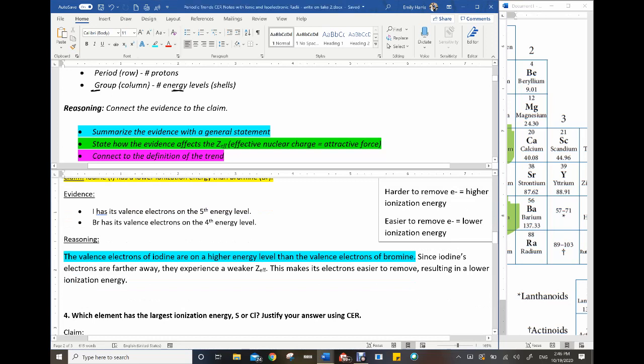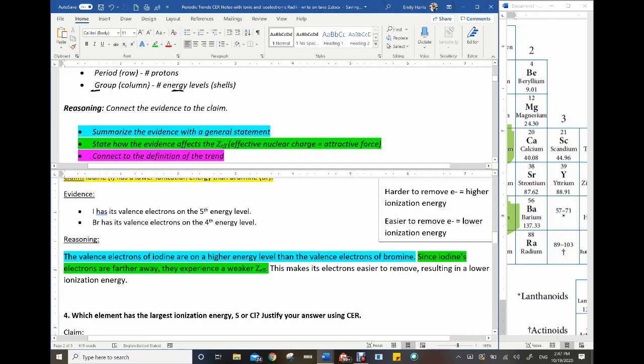Now, we need to connect this greater distance to a stronger or weaker attractive force. So if the electrons are farther away, what that does is cause them to experience a weaker effective nuclear charge. So there's our connection to the attractive force.